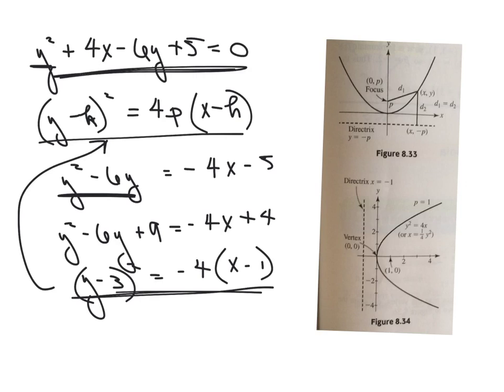So the vertex then is these coordinates, 1, 3, because there's my x and there's my y value, and there we go. That gives us a horizontal parabola that looks like this, but it's going to go this way instead, and that's it for 8.7.